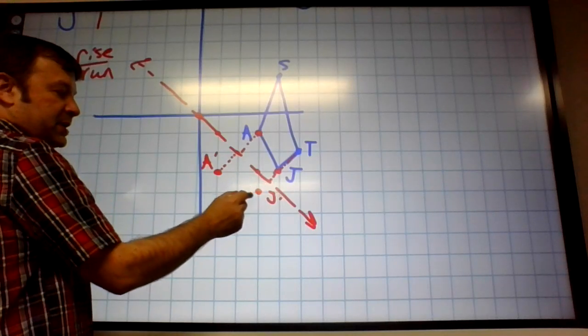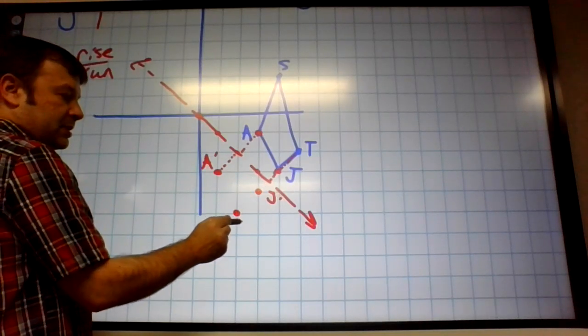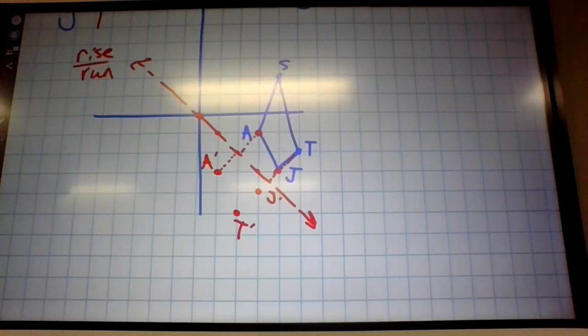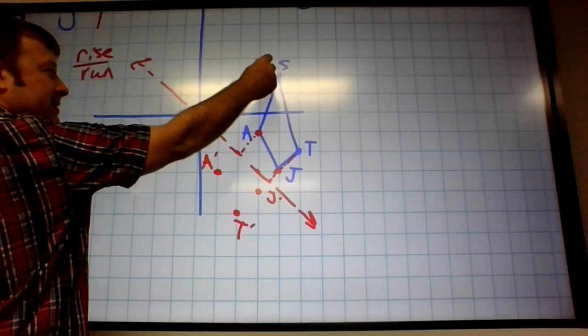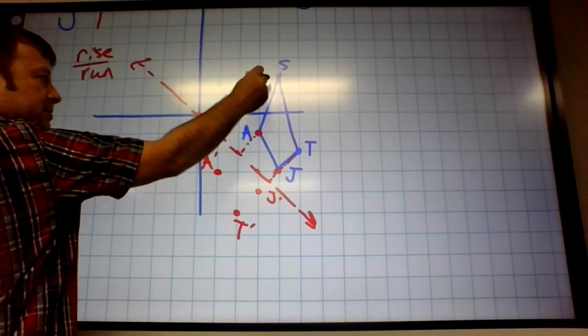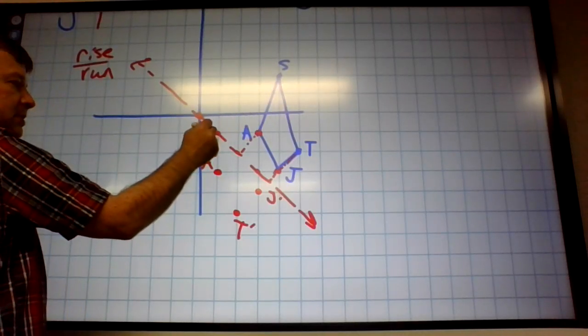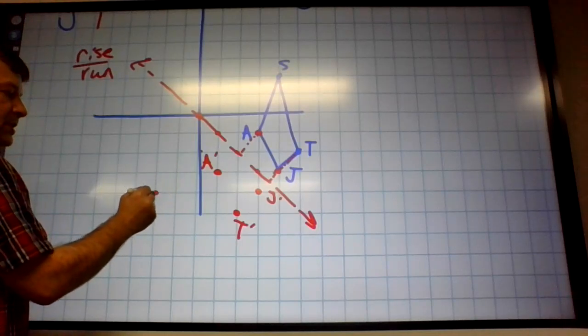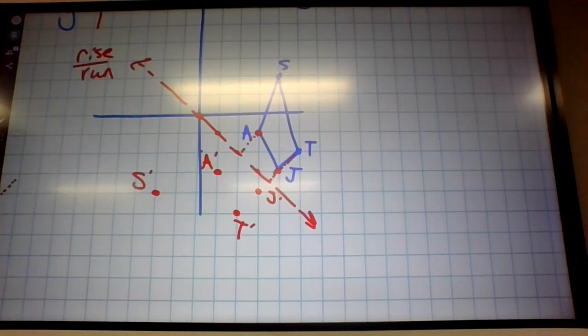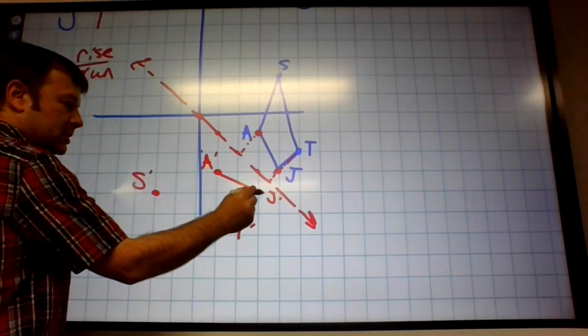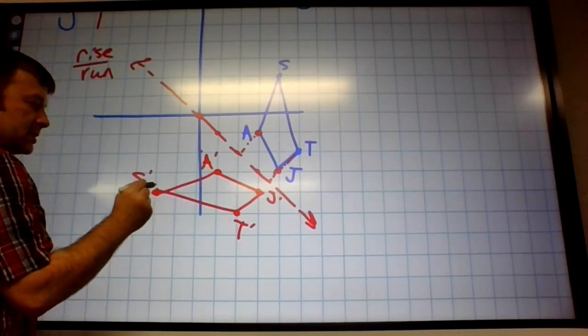So a half gets you to J, so one more gets you out here. S is 1, 2, 3 diagonals away. Connect the dots.